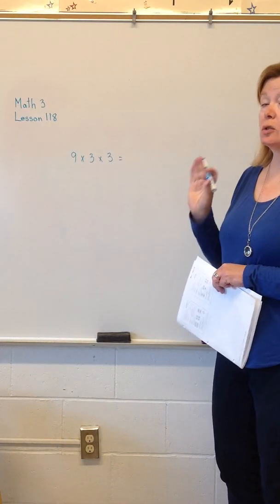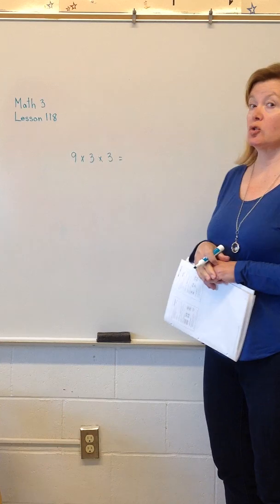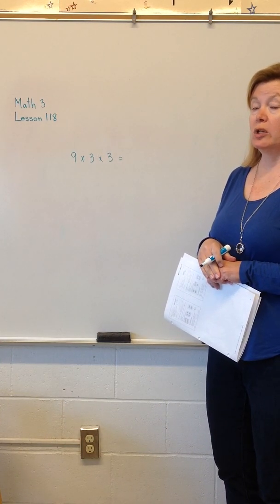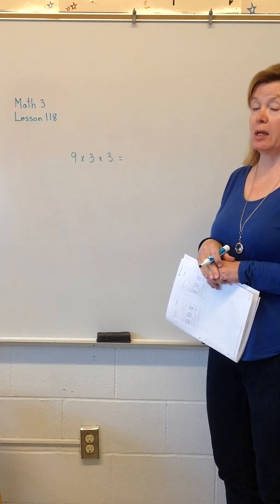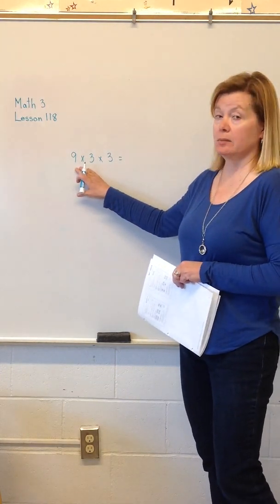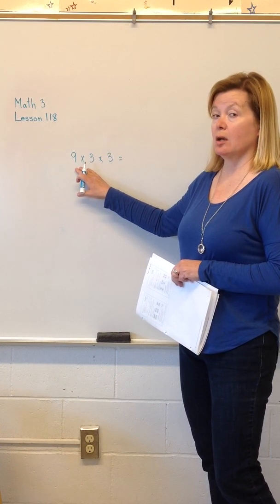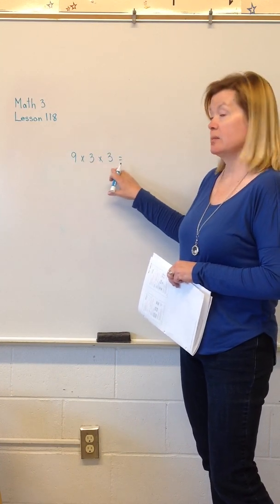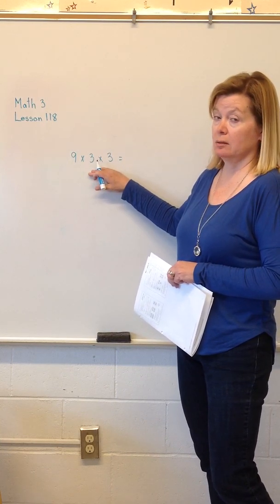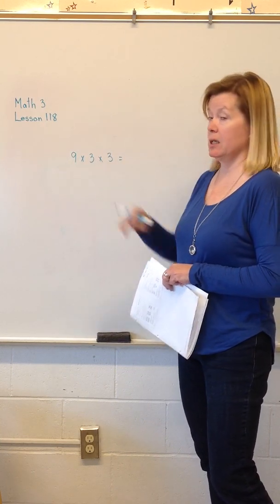Okay, I just wrote down the factors 1 time because you need to decide which 2 numbers you're going to multiply together first. Are you going to multiply 9 times 3 and then multiply that answer times 3? Or are you going to multiply 3 times 3 and multiply that by 9?